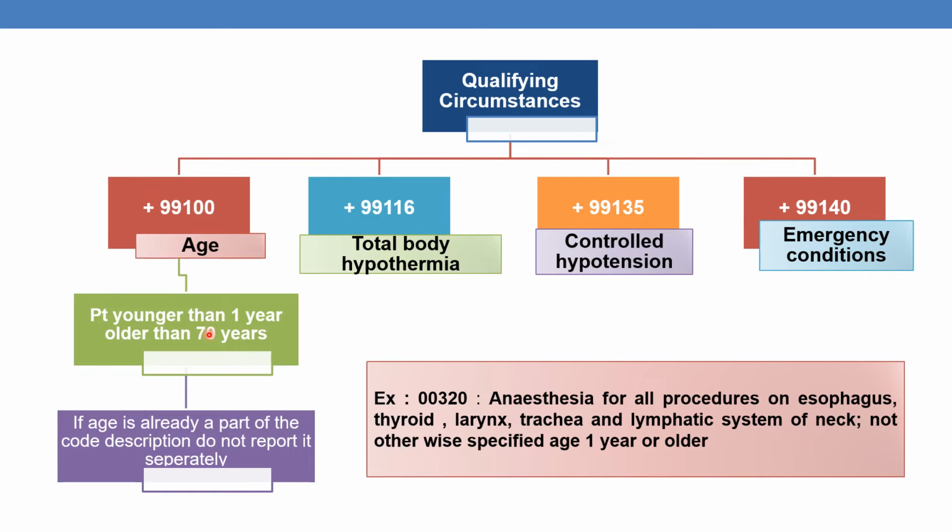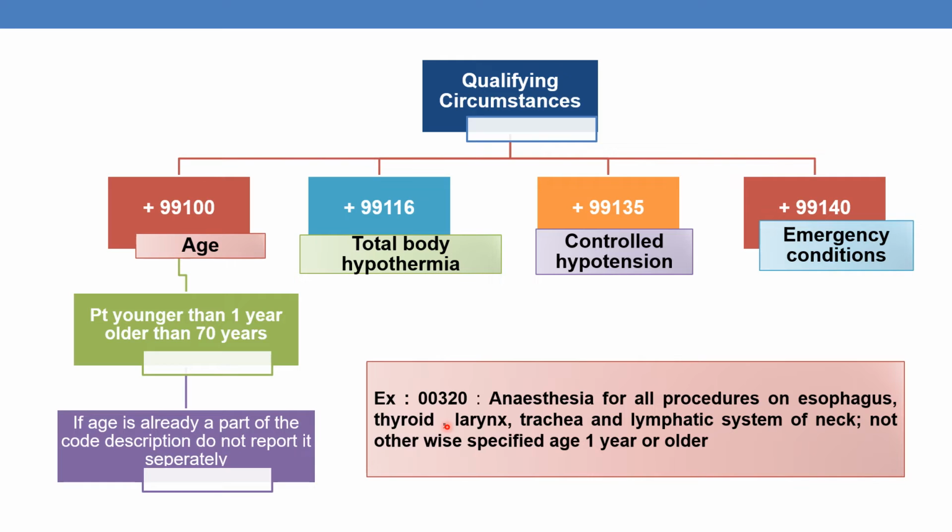One more important point in reporting these codes is, if age is already a part of the code description, do not report it separately. If age is already a part of any code's description, you should not report plus 99100 separately along with that code.